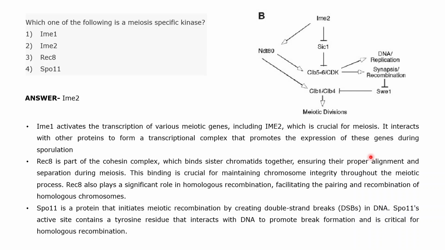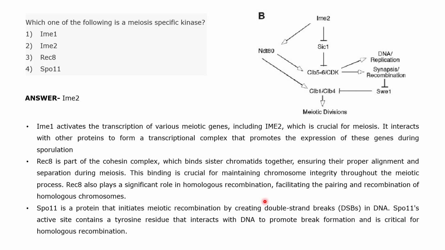Cohesin, you know, holds the chromatids together through these cohesin complexes. Therefore it maintains chromosome integrity, and it also plays an important role in homologous recombination. Apart from that, if you look at the last option, SPO11 initiates recombination by promoting double strand breaks in DNA.